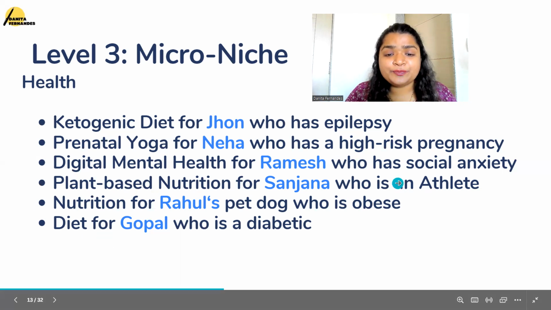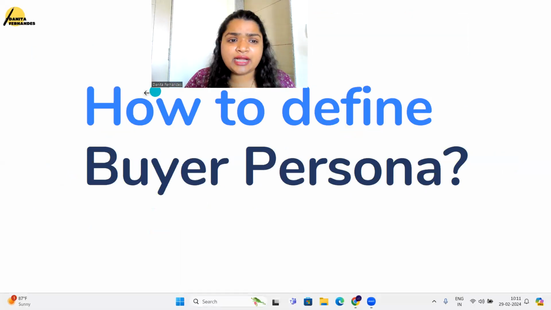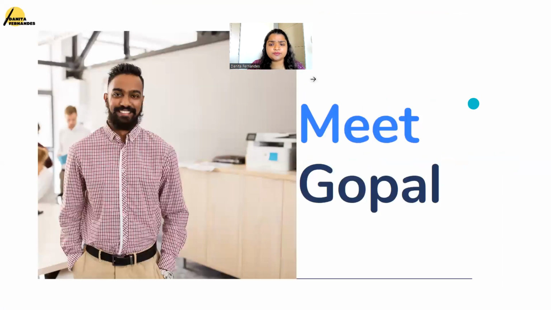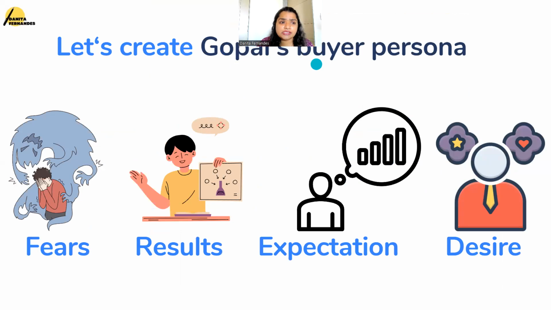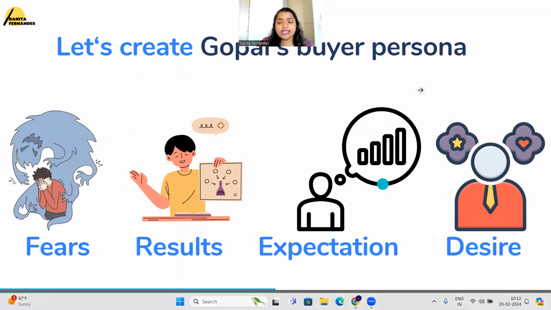Now, let's go and understand this with the help of an example. So till now, we just did the groundwork to understand our buyer. Now, we'll work on creating their persona. How do we do this? So this is Gopal, all right? To create a buyer's persona, we need to understand Gopal's fears, results, expectations, and desires.